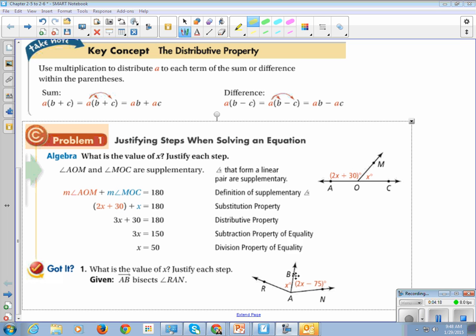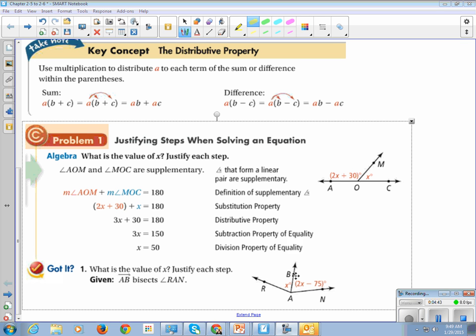That's the definition of supplementary angles: the measures add up to 180. So I'm going to take out the measure of AOM and replace it with 2x plus 30, and replace the measure of angle MOC with x. That is called substitution, when you take things out and put stuff in.